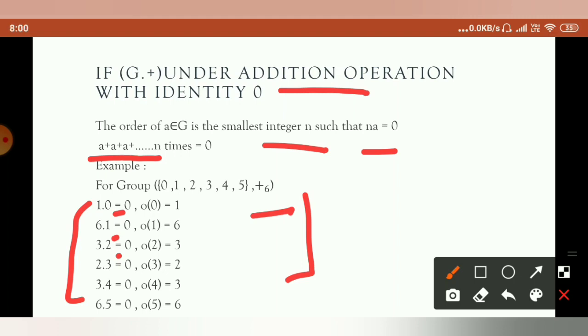So for the element 1, we have to multiply it with some number which gives us 0 as answer. So this number will be the order.